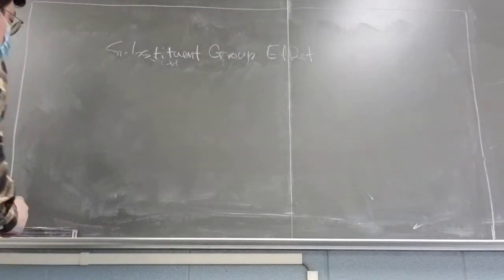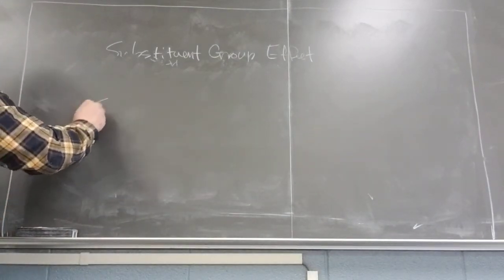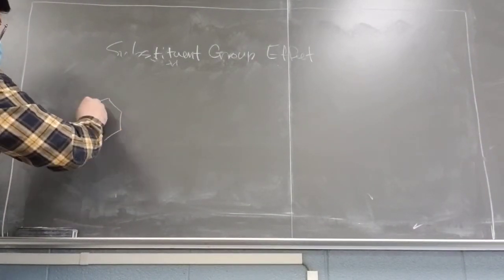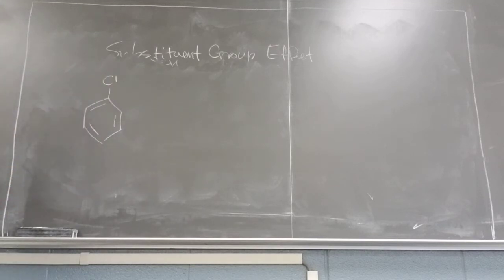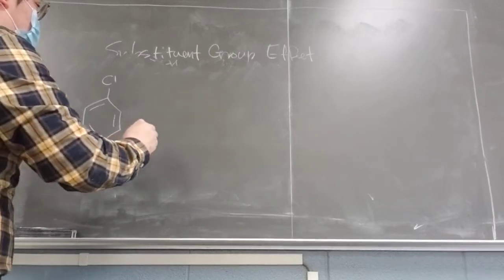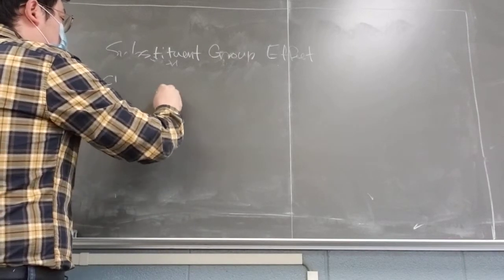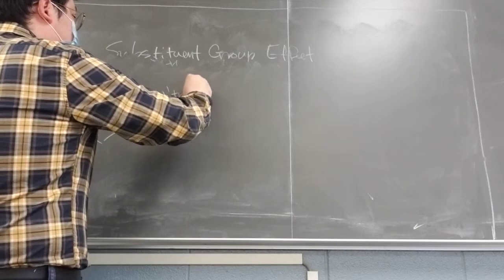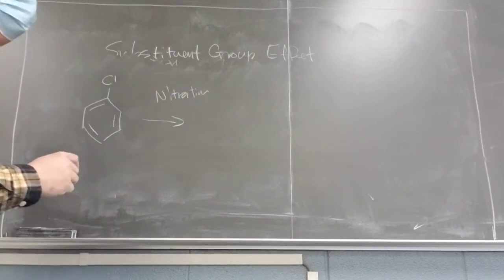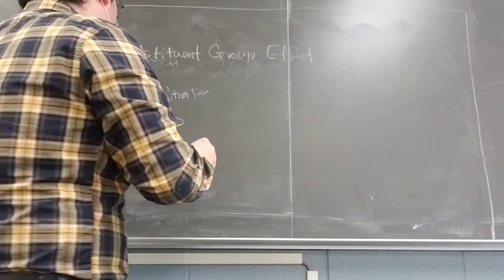Okay. So let's talk about the halogens. So we have chlorine or fluorine or those types of things. If you try to do nitration also, let's look at why it's also ortho and para activating.